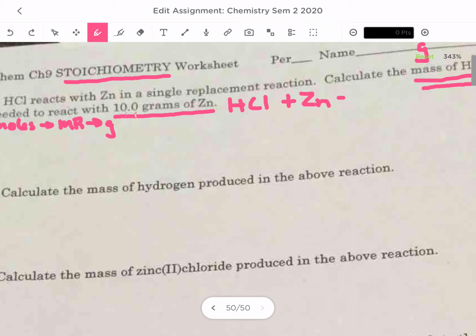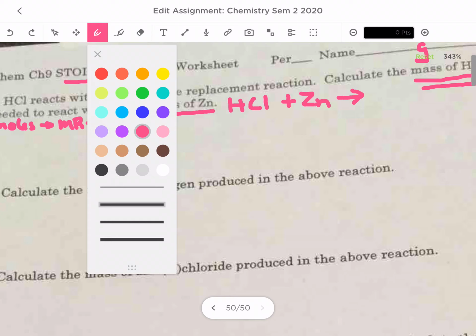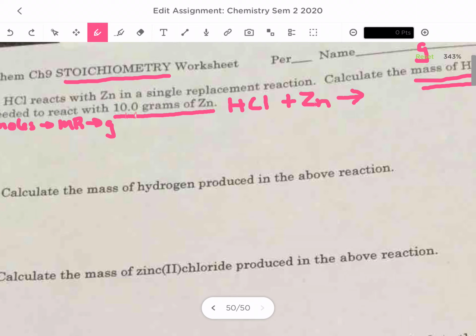So if you remember back, in a single replacement reaction, the positive ones switch spots. That's why it's called single replacement. So H is a cation, Cl is an anion, and zinc, if it were an ion, would also be a cation. So zinc and HCl are going to switch spots.